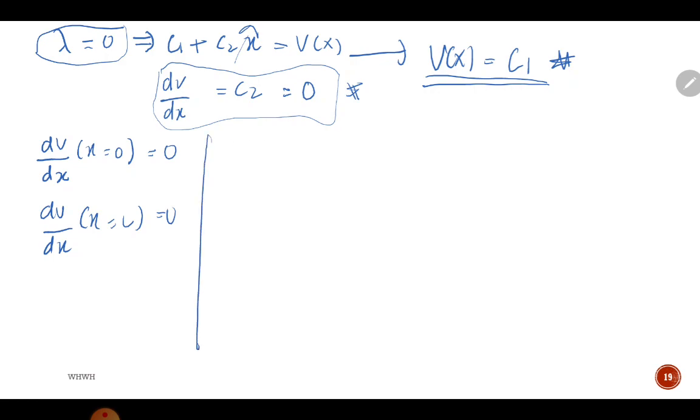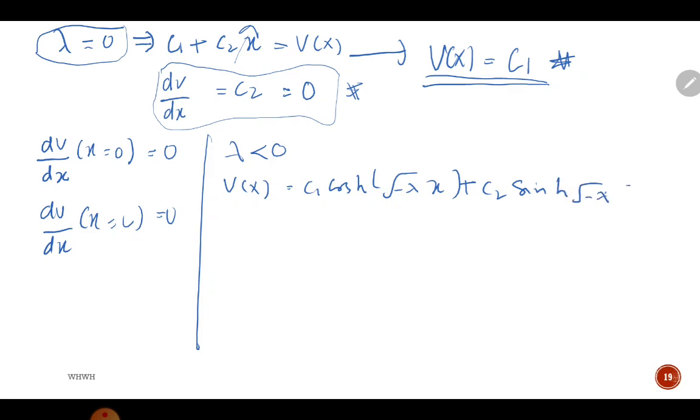What about lambda less than 0? Okay, for lambda less than 0, kita punya Vx is equals to C1 cos square root of minus lambda x plus with C2 sin square root of minus lambda x, kan? Alright. Okay, so for lambda less than 0 ni, to check for its boundary condition, kita kena differentiate lah.